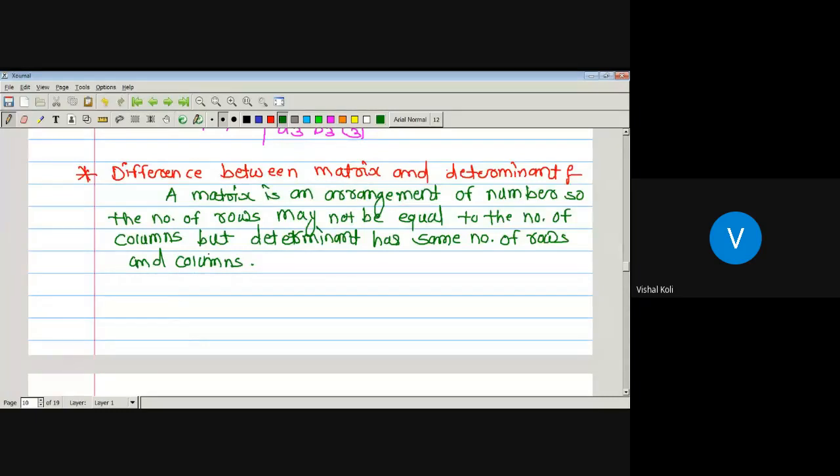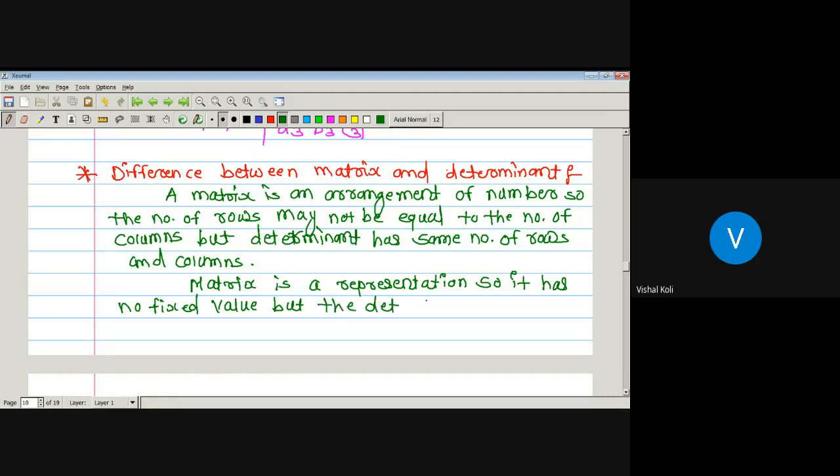Now the second one is, as a matrix is a representation, it has no fixed value, since it is just a representation of numbers, but the determinant has a fixed value.